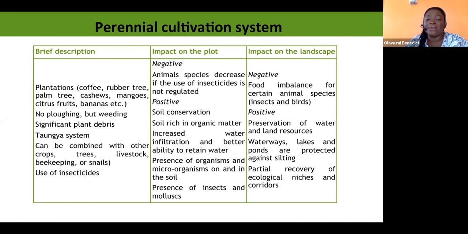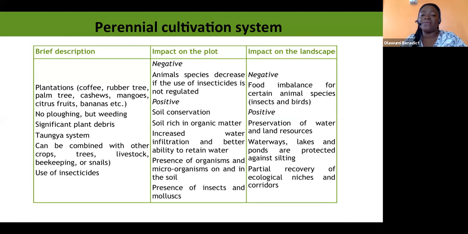The negative impact at the plot level is that animal species decrease if the use of insecticide is not regulated. So depending on how we use the insecticide, it has to be regulated. And if we combine insecticide with biological insecticide, then there are minimal negative impacts at the plot level.